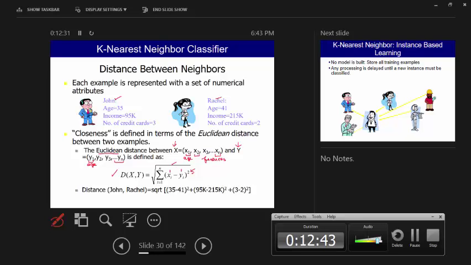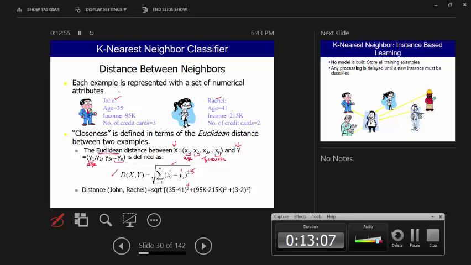So 35 and 41, 35 years old and 41 years old. I want to subtract Rahel from John. So John, 35 minus 41, that is a negative value. To preserve it, I need to make a square here.